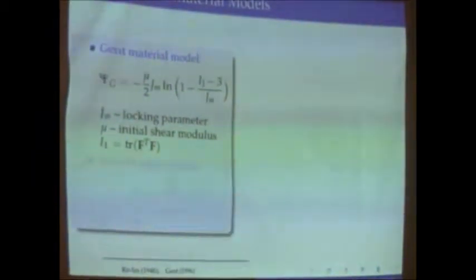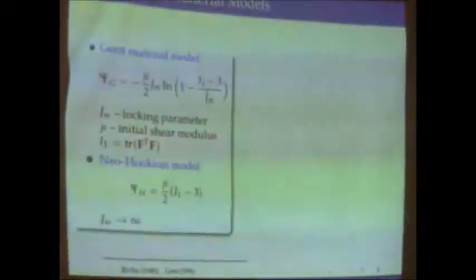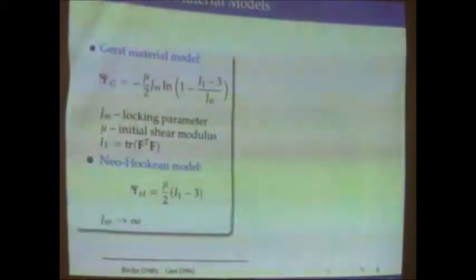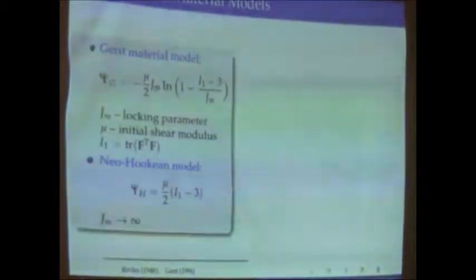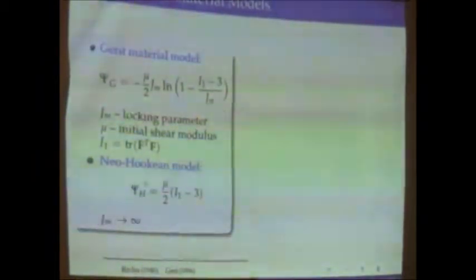And now I'm just specifying two energy functions, material behavior. Basically, it's one model, just one is a part of the Gent and Neo-Hookean model. So for Gent, we have the shear modulus, and we have also this so-called locking parameter, and when this locking parameter goes to infinity, then we reduce to the very simple but nonlinear Neo-Hookean model.